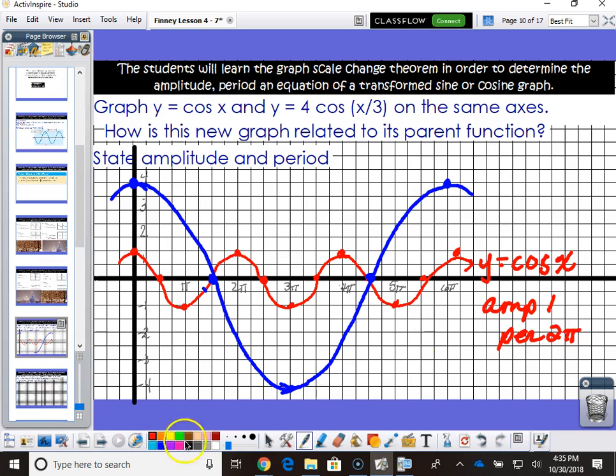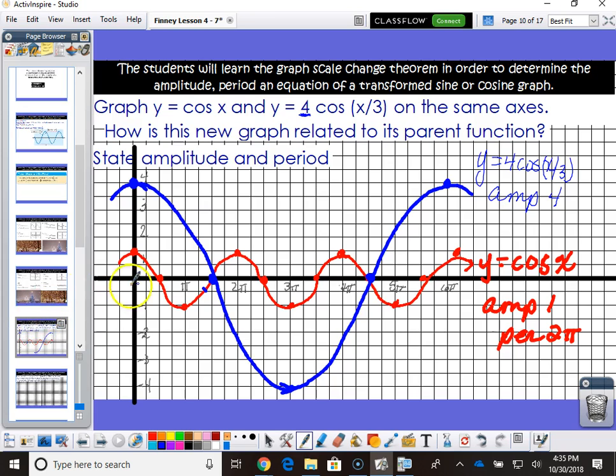Okay, that much I knew. When I go to y equals 4 cosine of x divided by 3, I know my amplitude is 4. How do I know my amplitude? Because that theorem we just looked at told us that 4 is the amplitude.